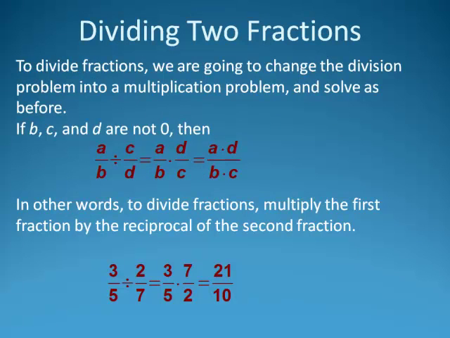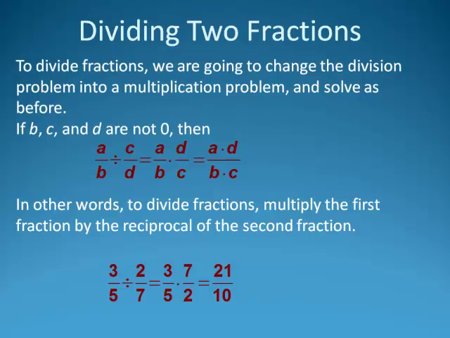Okay, so let's move on to dividing two fractions then. To divide fractions, we are going to change the division problem into a multiplication problem and solve as before. So really, division problems are exactly the same as multiplication problems with one extra step. Okay?